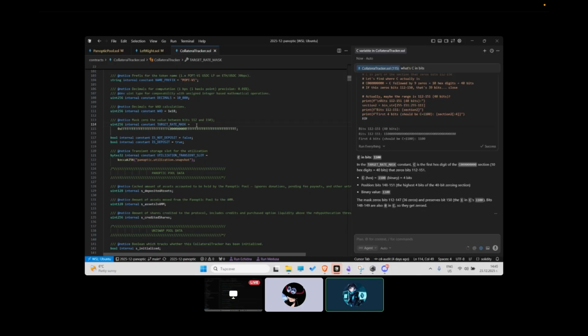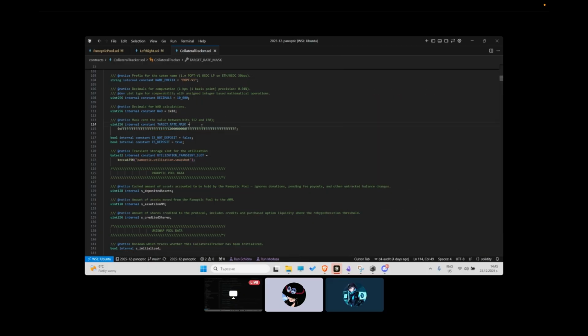What I usually do to make this easier to understand, because there are lots of zeros and you can't really count them: if it was between bits 112 and 113, we would have two zero bits, but the difference between 113 and 112 is just 1.